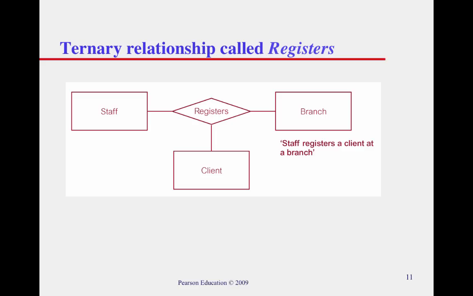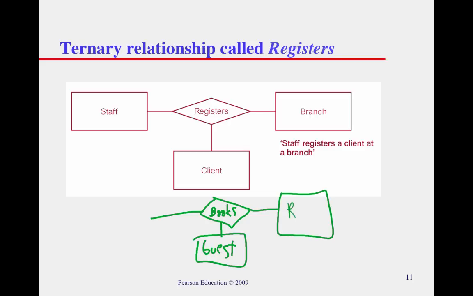So in effect, the booking is in fact a three-way relationship. So you could have in the hotel: guest books room at a hotel. And you will see that sometimes relationships get mapped into a relation.